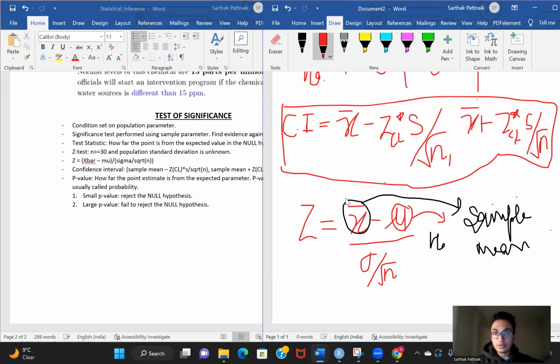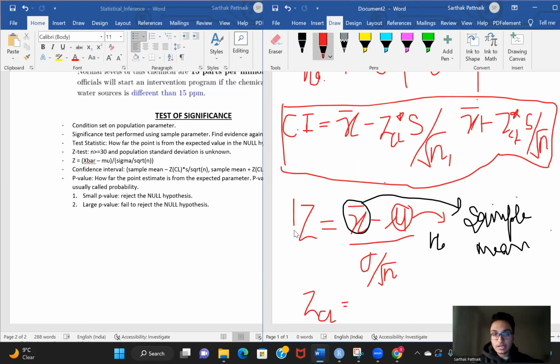And z_cl is the test statistic at a particular confidence level. Now, this confidence level will already be given in the problem. So the way to calculate z at confidence level is different from calculating the test statistic or the z value.